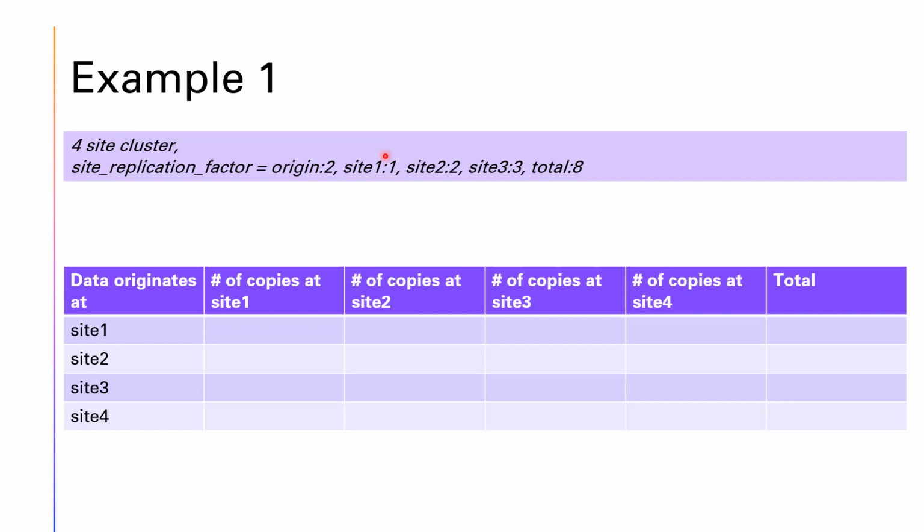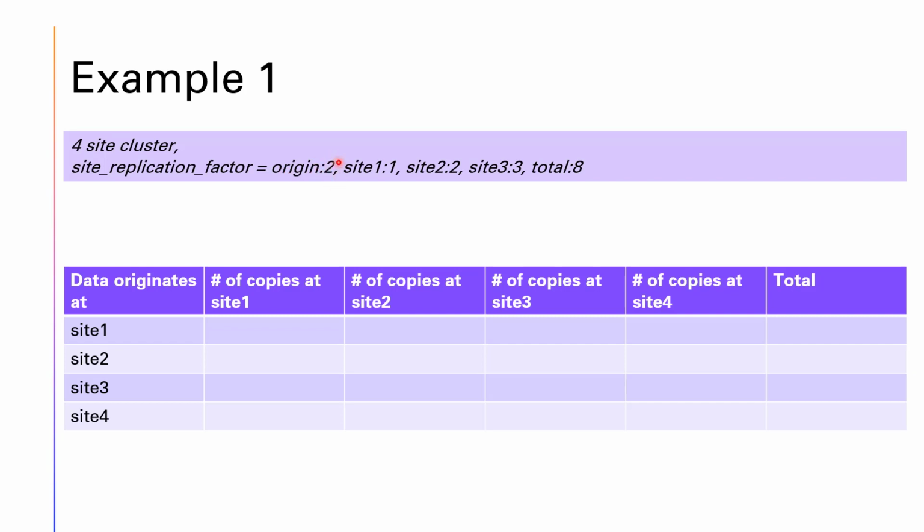That we need to keep in mind. So if my data originates at site 1, how many copies will site 1 get? Now if you see, it depends on these 2 configurations, because I have defined explicitly 1 for site 1, that means site 1 should get 1 copy of the data. But I also maintain the origin, that means I said if the data originates from that particular site, it should get 2 copies of the data.